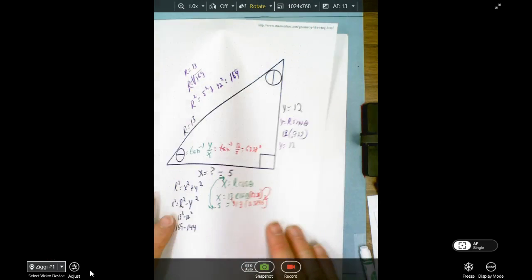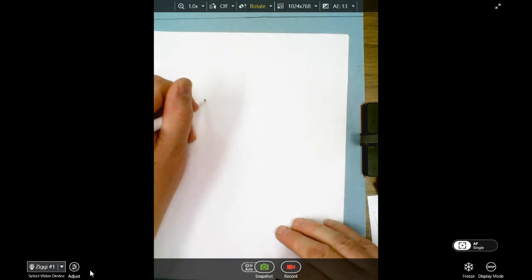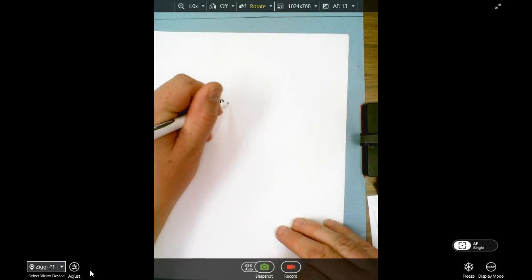One last thing for you is you can move the letters around. So we have x equals r cosine theta, right?